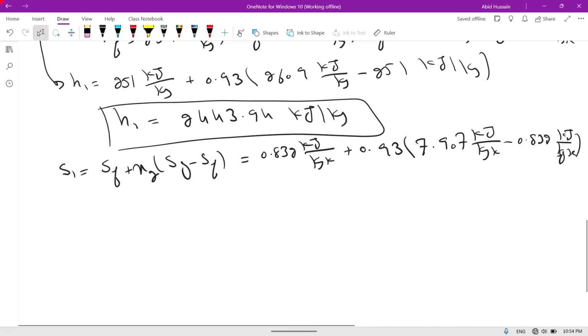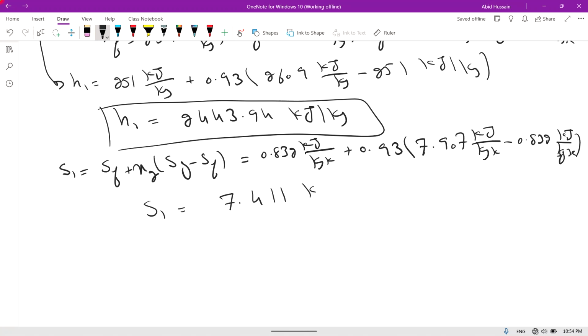This is also a very simple calculation: subtract 0.832 from 7.907, multiply by 0.93 and then add 0.832. The answer is 7.411 kilojoule per kilogram per Kelvin.